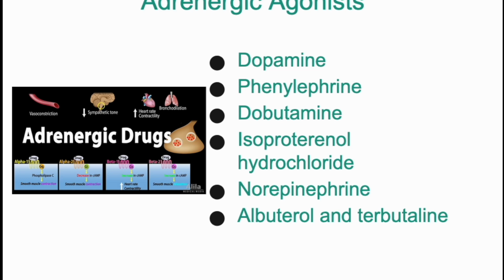Now, adrenergic antagonists, also called sympatholytics, block the effects of epinephrine and norepinephrine. These drugs are commonly known as beta blockers and specifically work as beta adrenergic antagonists, meaning they reduce heart rate and blood pressure.